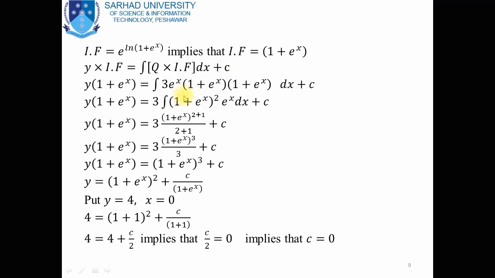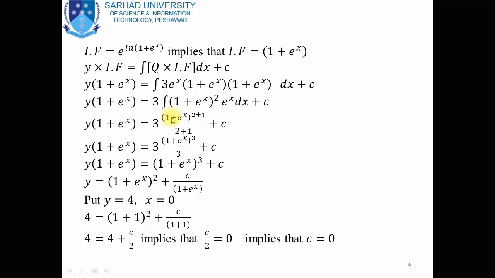Now we have (1 + e^x) whole squared and e^x, 3 is the constant. So for the integration of these terms, we use the rule: if this function is the derivative of this function, then we add 1 to the power and divide by the new power, and we obtain the integration.